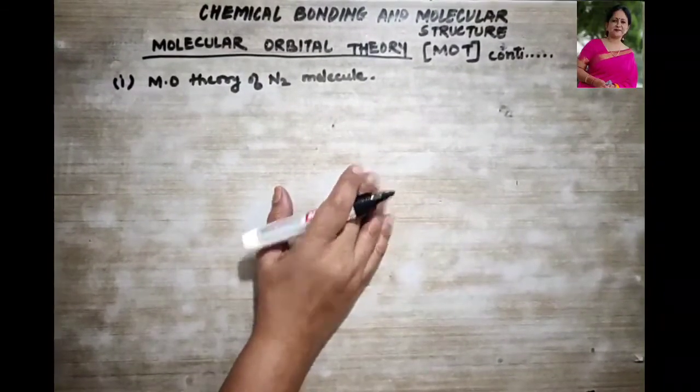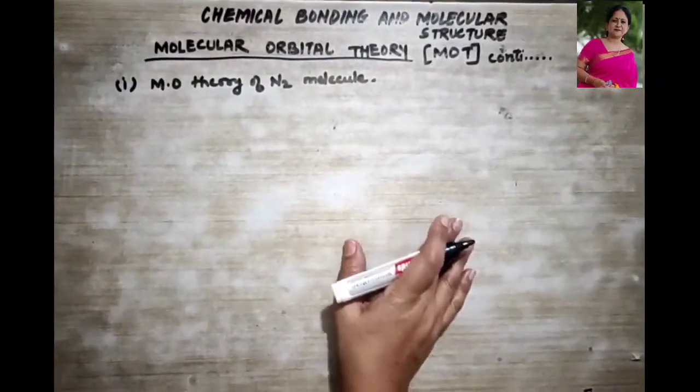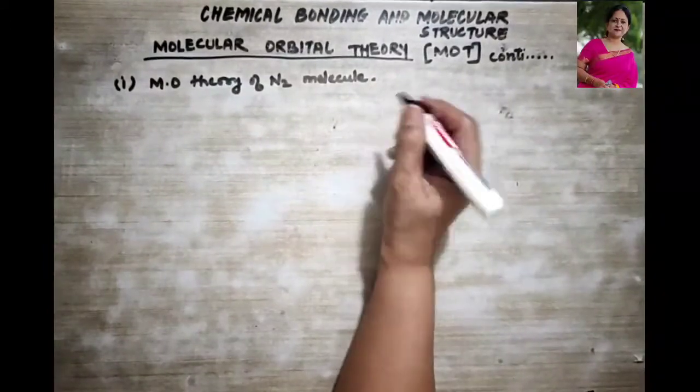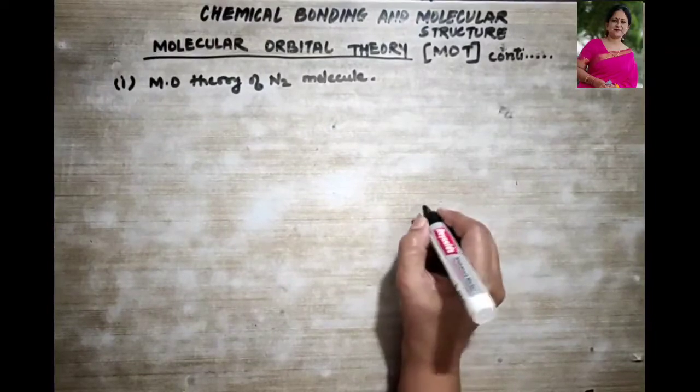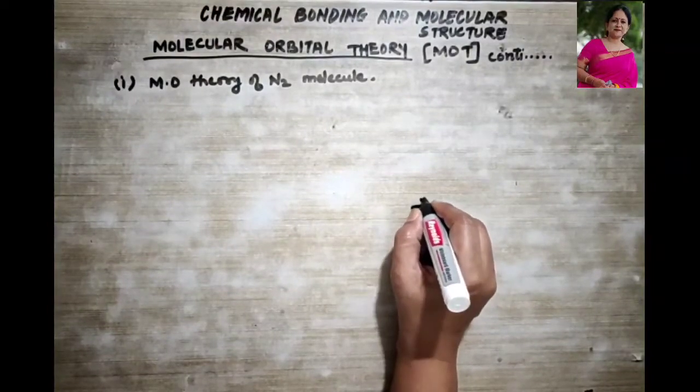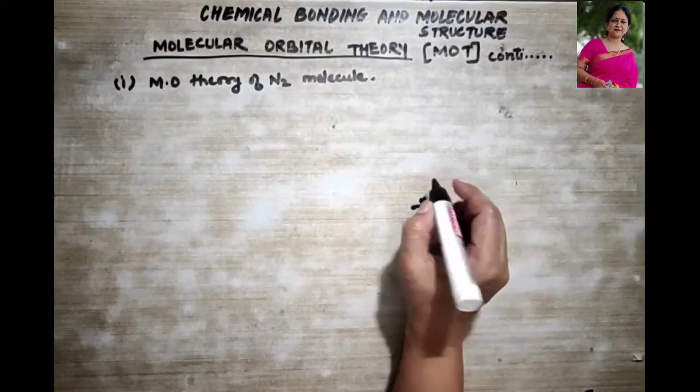So now I'm going to show it to you in short over here. What is the configuration, how do we do it? It goes like this: sigma 1s, then antibonding 1s, right?